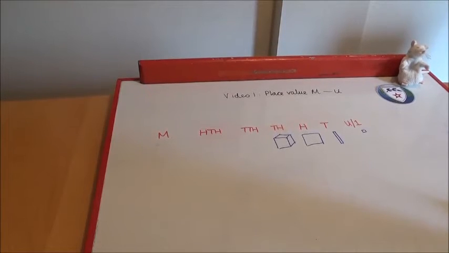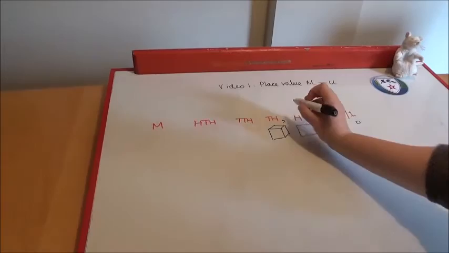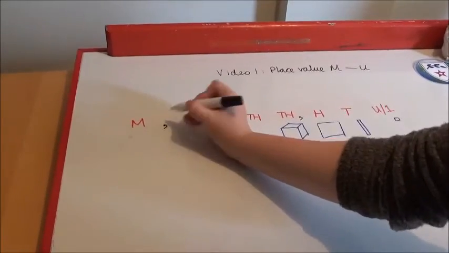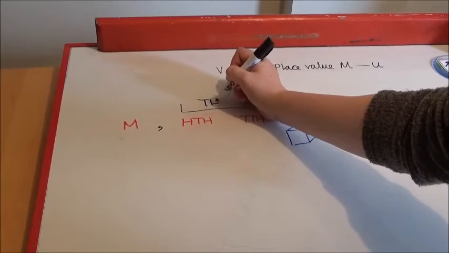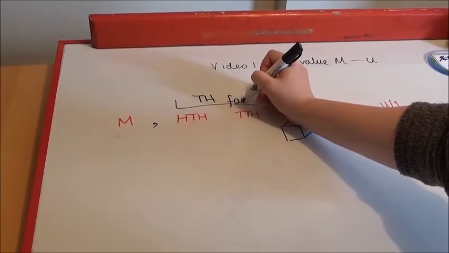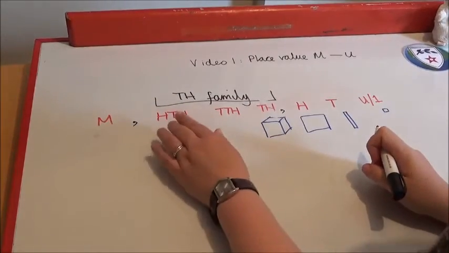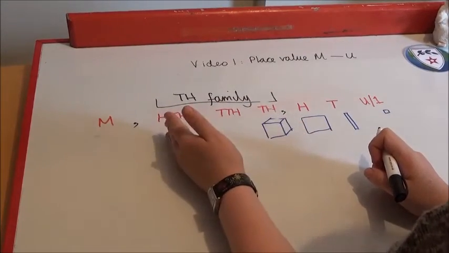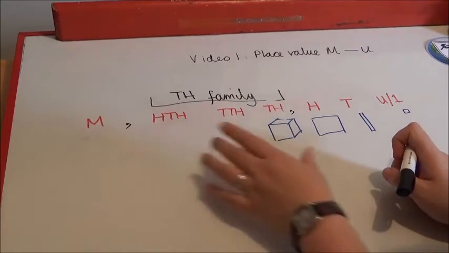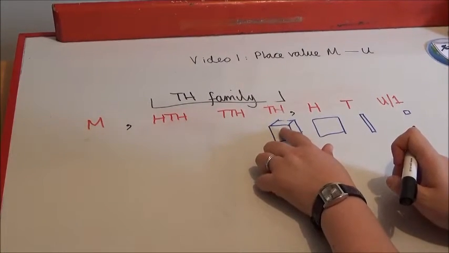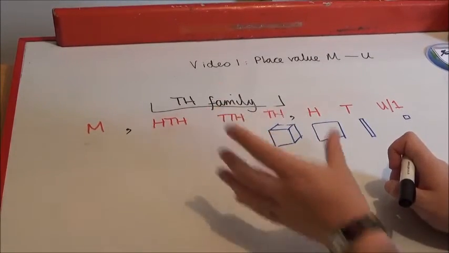Now we come to what we call the thousands family, and actually some people put in commas between the thousand family here. I'll explain what that means. Now, with the thousand family, we could have something like 137,000, and what that means is that we'd have 137,000 of these cubes to represent that visually.